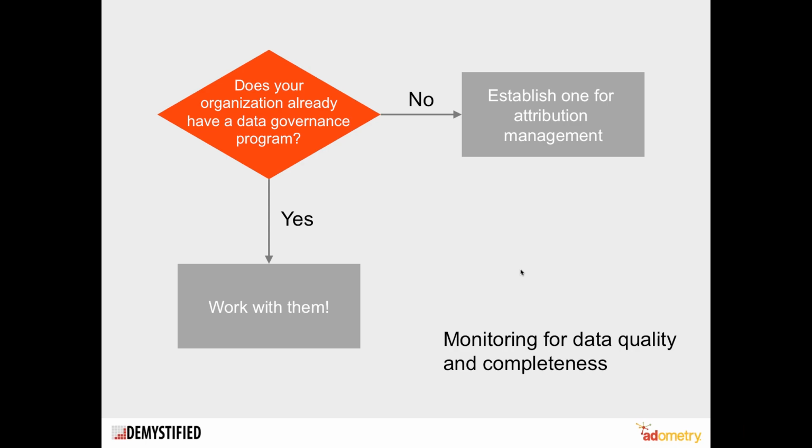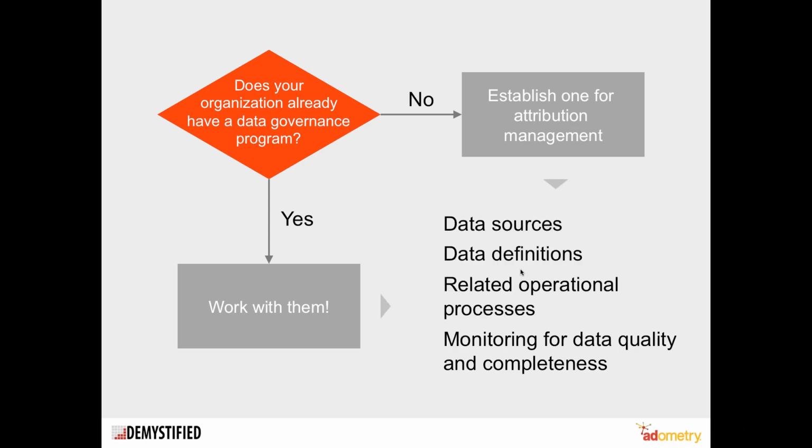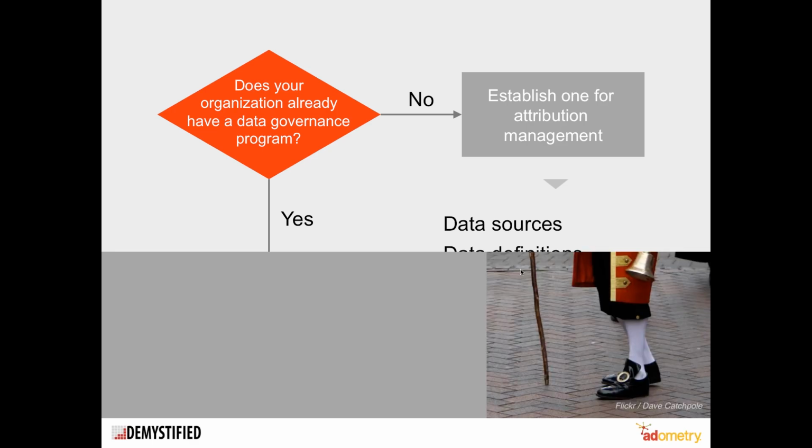for making sure we've documented and are tracking and have the processes in place to do appropriate data governance for our data-driven attribution management? If you don't, do you ignore it because you say, hey, the company doesn't have data governance and must not be needed? No, you're going to have to do a little bit more work. You have to do a little bit of research on the ins and outs of data governance.